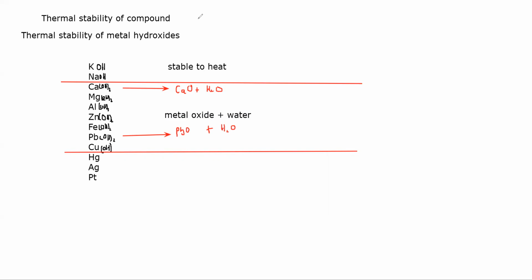Same thing if I supply heat energy to aluminum hydroxide, the result will be aluminum oxide plus water, or basically due to temperature it is steam. And for the last ones, these hydroxides do not exist.